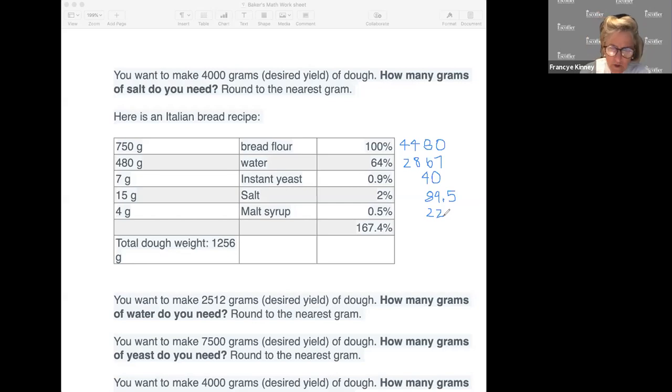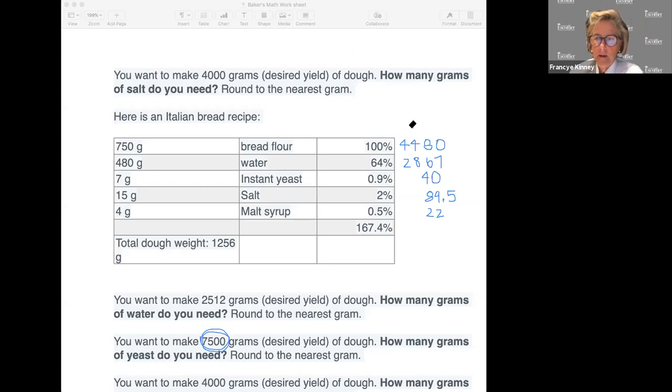And I get 7,498.5, or 7,499. So you are within 1 gram of your desired yield. You are spot on in this instance.